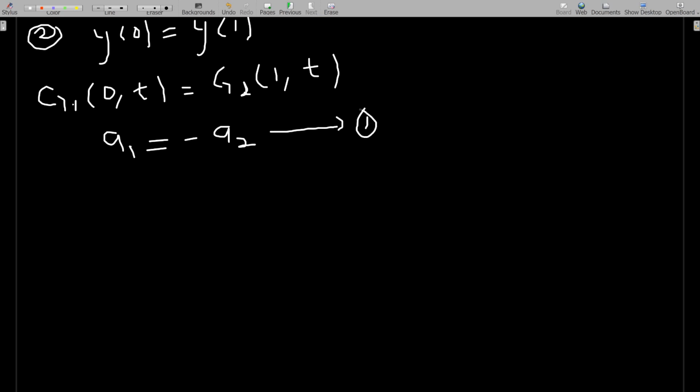Now the second condition: y prime of 0 is equal to y prime of 1.